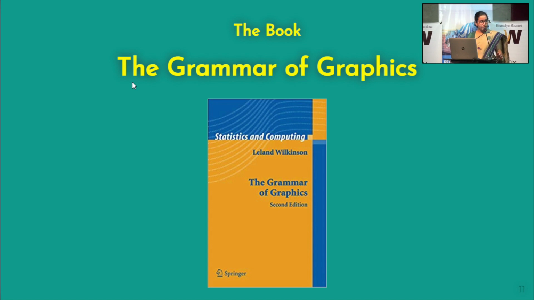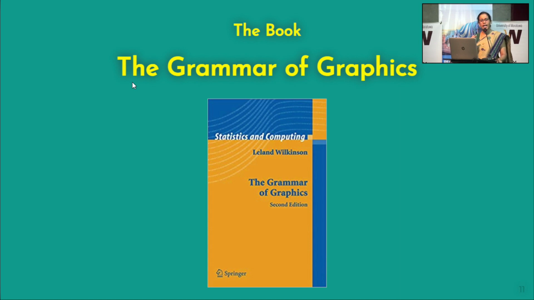This grammar of graphics is a really interesting textbook. In this session we are going to learn a tool called the ggplot2 R package. The underlying theory behind it comes from this book, The Grammar of Graphics by Leland Wilkinson. This book has nothing to do with R or any other language.